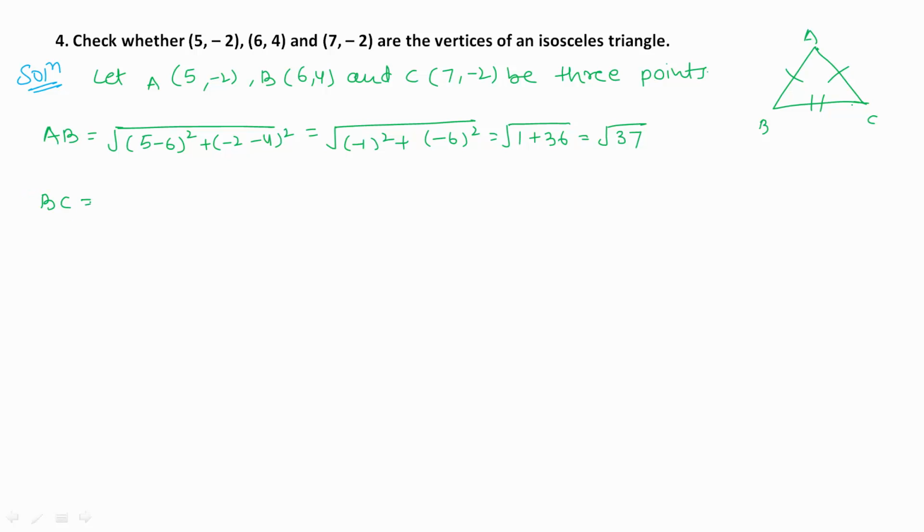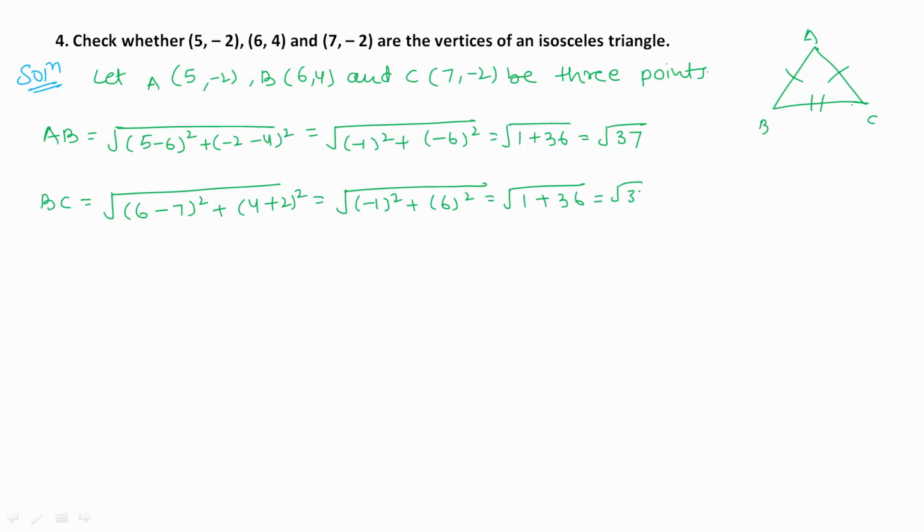And the distance of BC is equal to under root (6 minus 7) whole square plus (4 plus 2) whole square. This will be equal to under root (-1) whole square plus 6 whole square, which comes out as 1 plus 36, equal to under root 37.